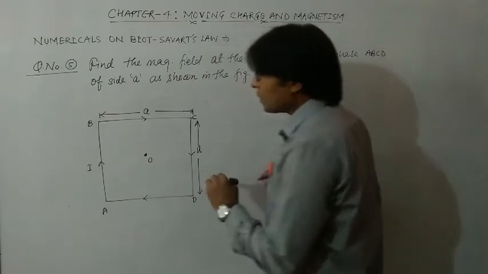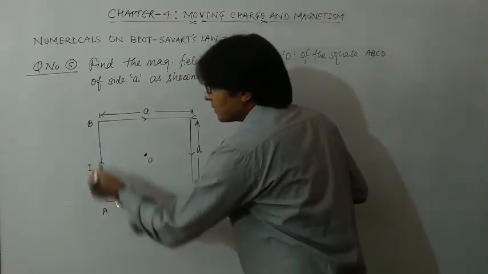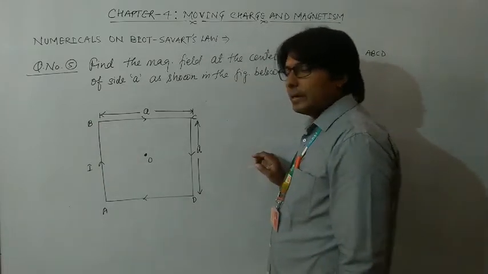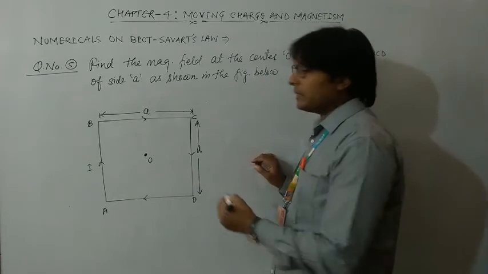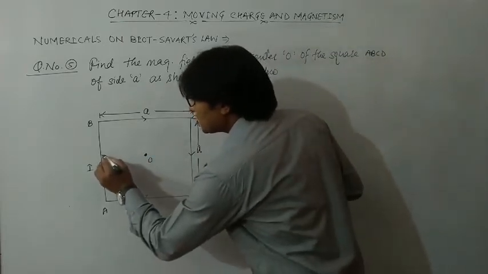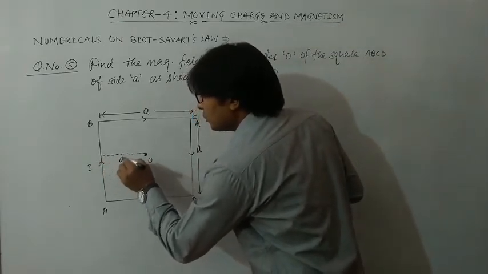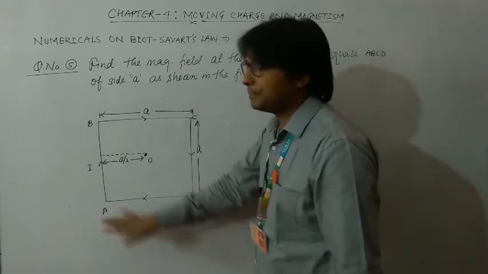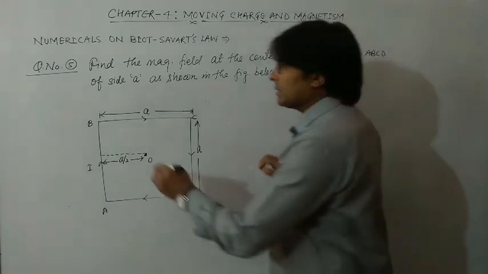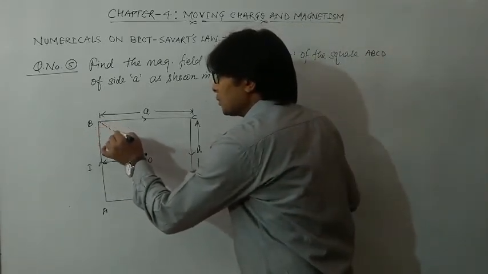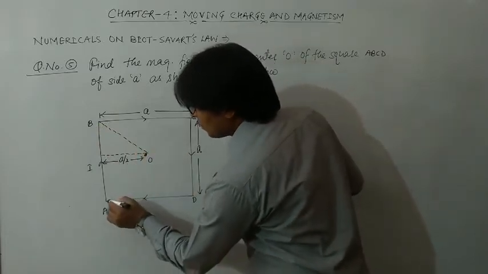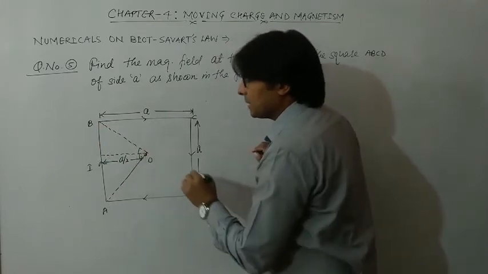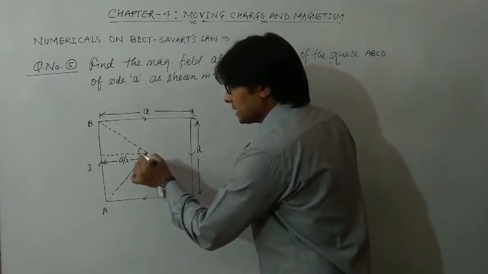Okay, so this is a wire of finite length whose length is A, and we have to find the value of magnetic field at point O, which is in fact A by 2 distance apart from this wire AB. One more thing, the angles subtended by these two ends of wire AB at point O are 45 degree and 45 degree, because this total angle is 90 degree.